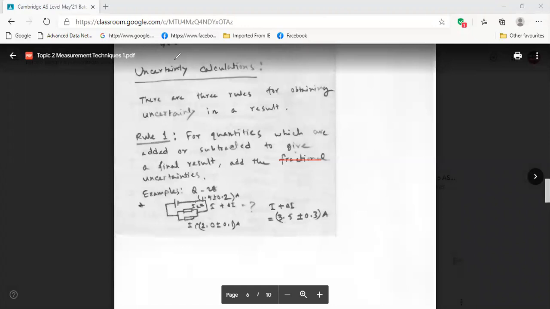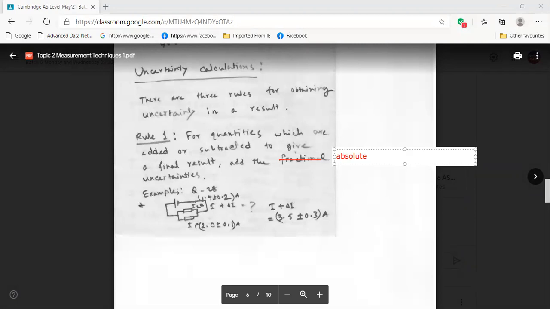Absolute, you know the spelling, right? So it was a slip of the pen. I wrote fractional. It should be absolute uncertainty.